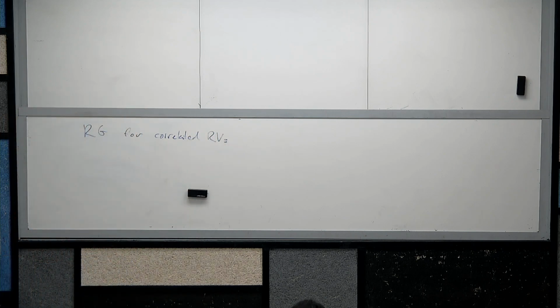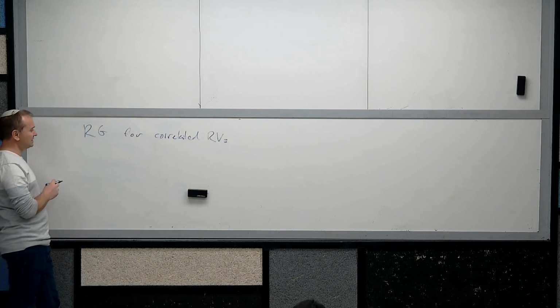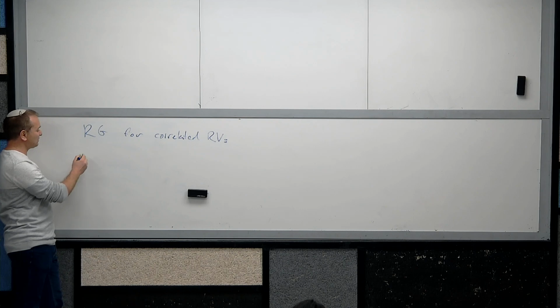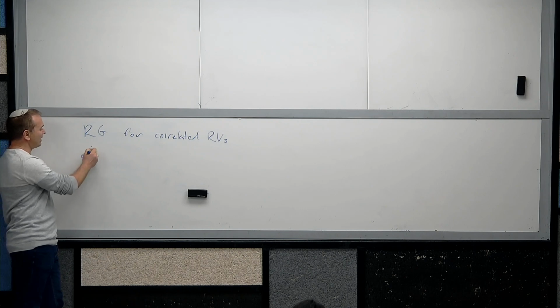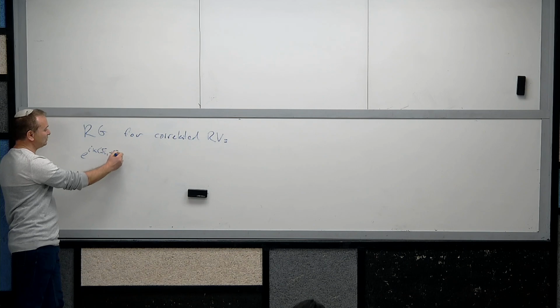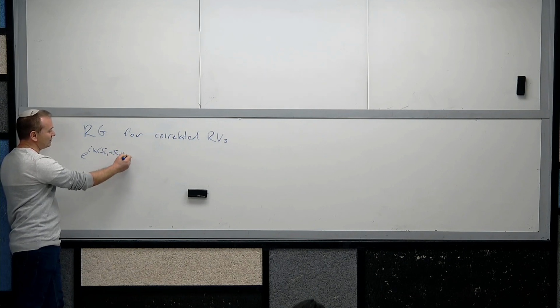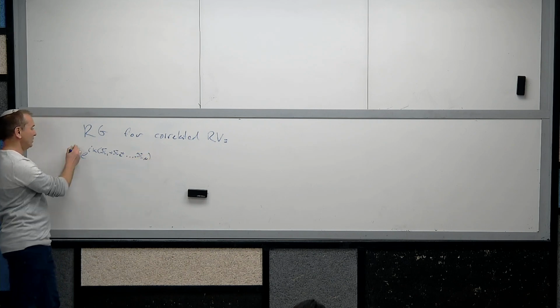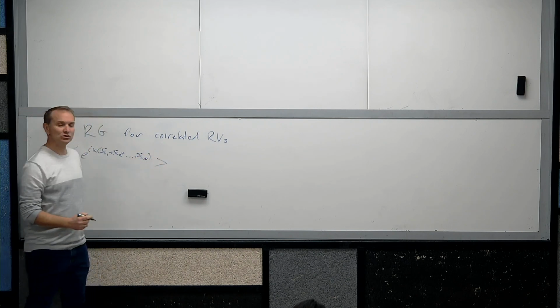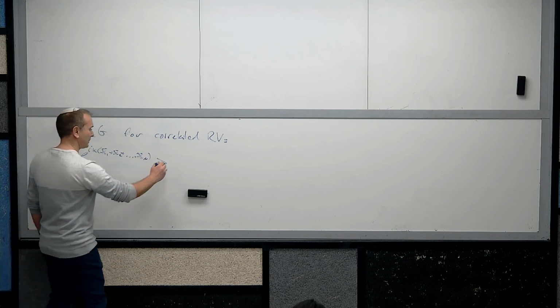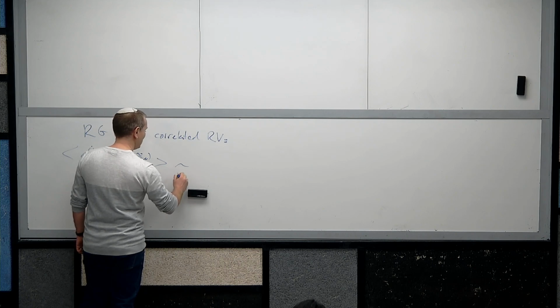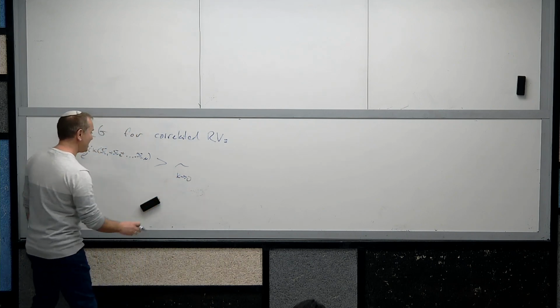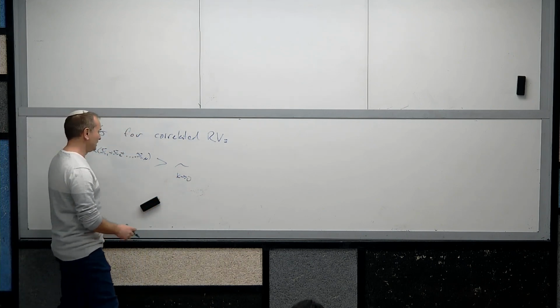And the idea was, let's see what happens when we expand e to the i k (x1 plus x2 plus ... xn) in the small k limit. K goes to 0.